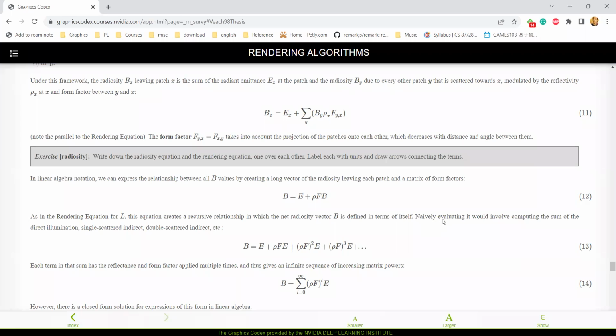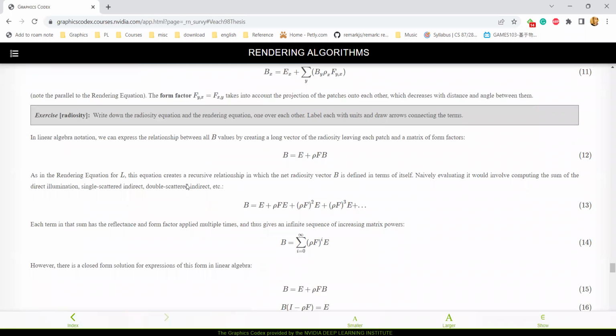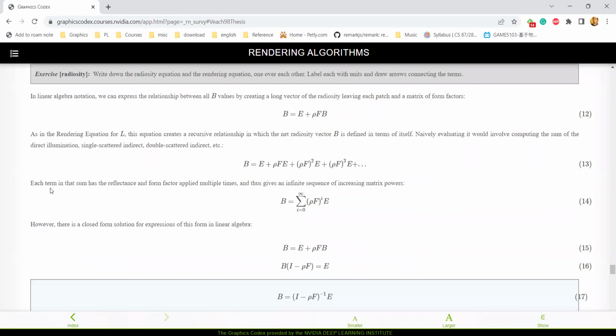If we're computing the sum of the direct emission, single scattering interaction, double scattered interaction, etc., each term in that sum has a reflectance and form factor applied multiple times, and thus gives an infinite sequence of increasing matrix powers. Instead, there's a closed form solution for an expression of this form in linear algebra.